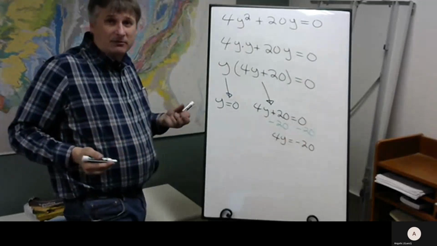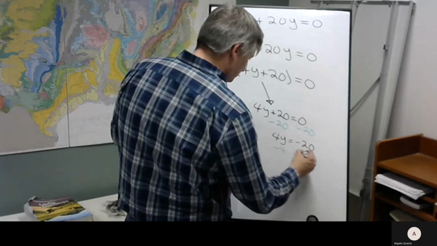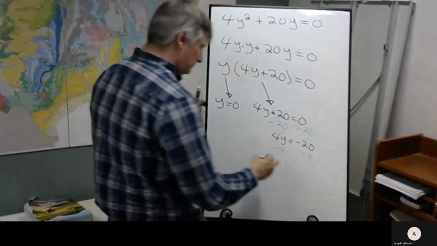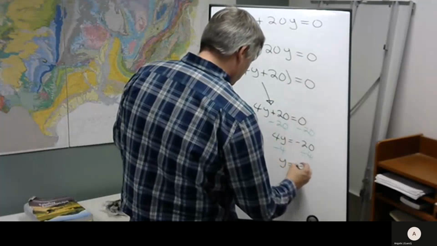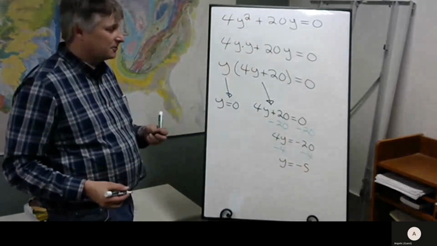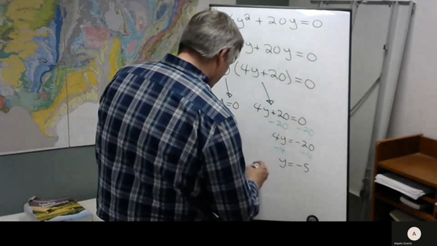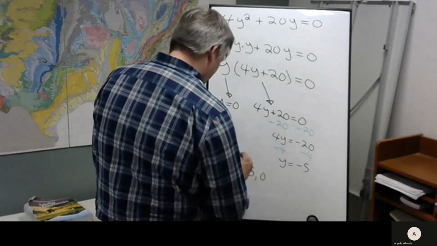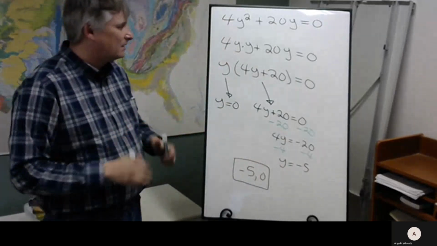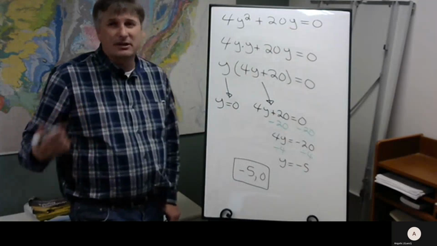And then divide both sides by 4. And so we get our 2 answers, 0 and -5. So sometimes you can solve one of these by factoring out a variable.